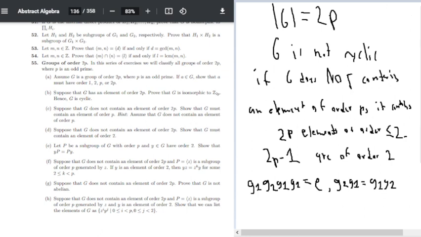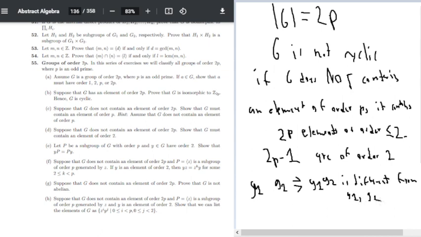I think I got it. Okay. So if g1 and g2 are elements, first of all, we already know this group is abelian, right? This comes down to the central squaring fact. So if we have g1 and g2, then g1 g2 is different from g1 and from g2.